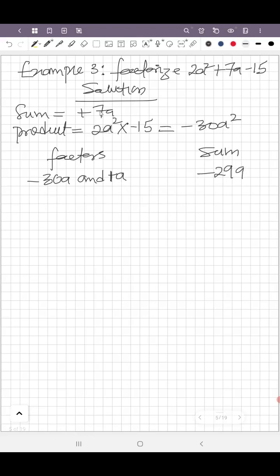It is not what we need. Let's change the signs to plus 30a and minus a. Multiplying the two gives us minus 30a², but when you add, it gives us plus 29a. Let's try another pair, minus 15a and plus 2a. When you multiply, it gives us minus 30a², but when you add together, it gives us minus 13a.